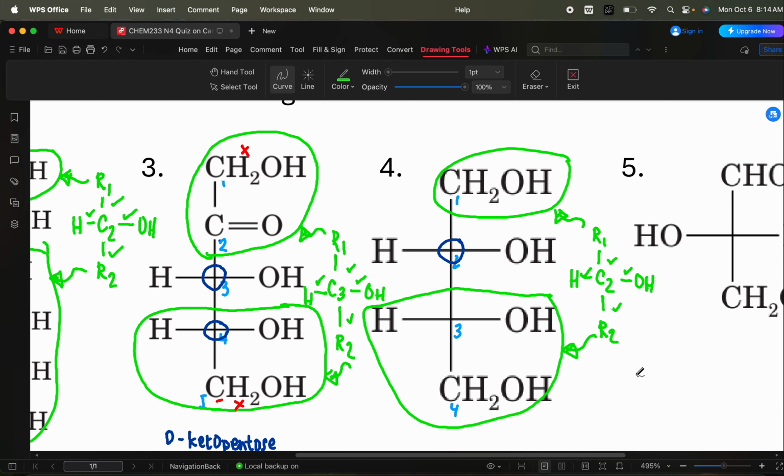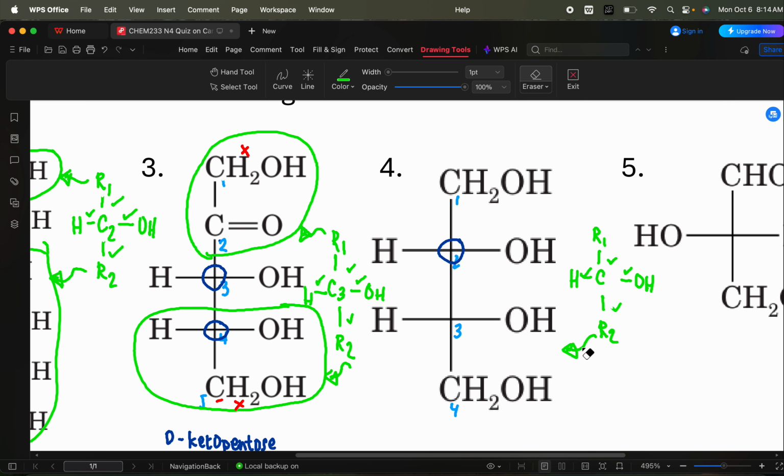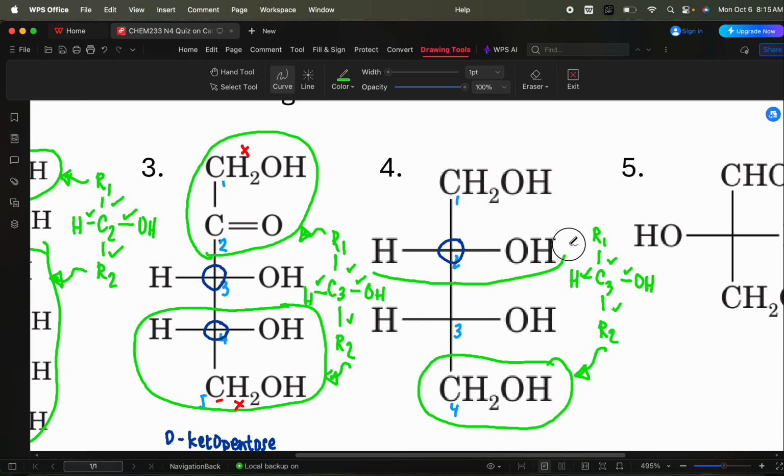It's somewhat similar for carbon number 3. This time, let me just erase this. For carbon number 3, the R1 and R2 scope changed. Your R2 is this last substituent group, while your R1 is this whole substituent group at the top.